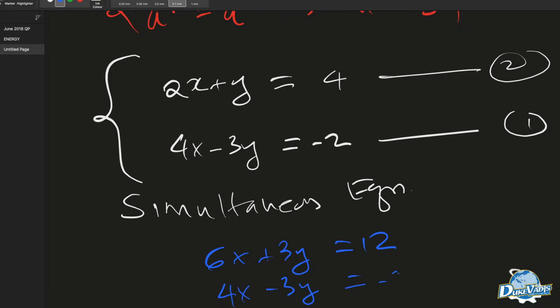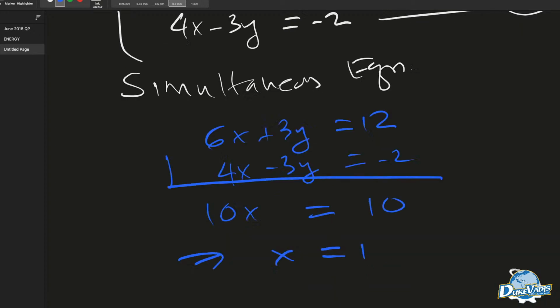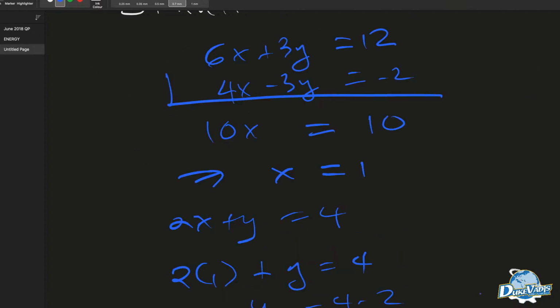We're going to add these two. This will give us 10x is equal to 10, so this implies that x is equal to 1. If x is equal to 1, then we can do substitution again, which gives y is 2.